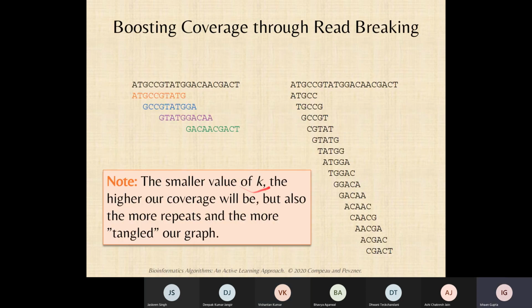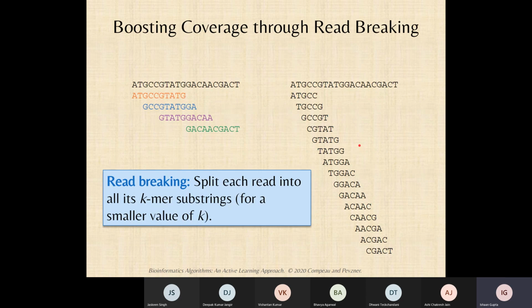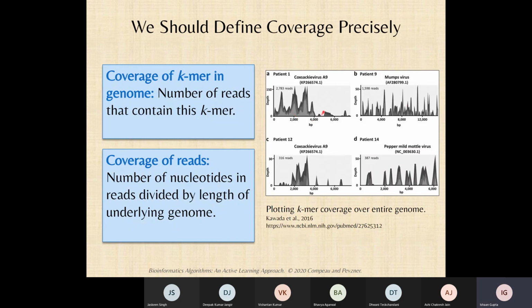There is also a problem: if you have small values of K, the coverage is going to be high, but you're also going to have more repeats, because just by chance, a smaller K would give you more repeats. The next problem is that, even without read breaking, you will always have gaps in the coverage. When you look at the genome here, there are some locations with gaps.